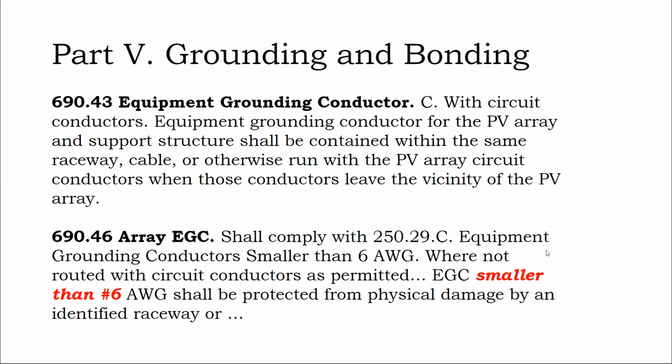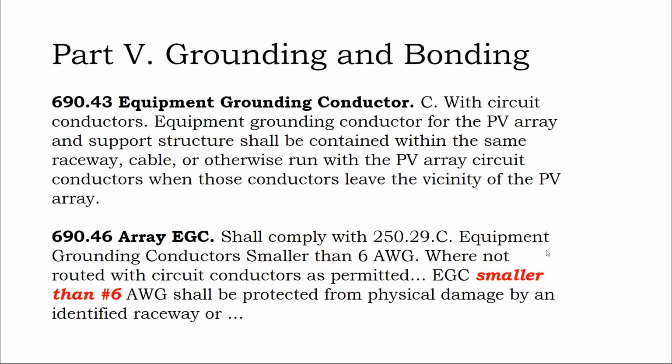So it says the equipment ground conductor is run with your solar circuit conductors when they're leaving the vicinity of the solar array. It should be compliant. It says when it's smaller than number 6, it needs to be protected from physical damage.